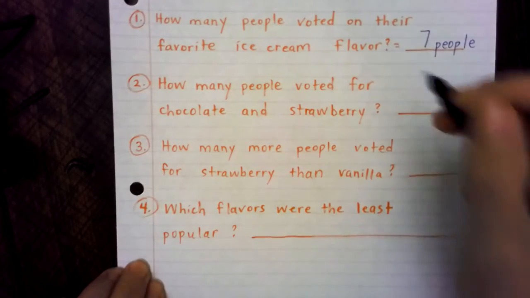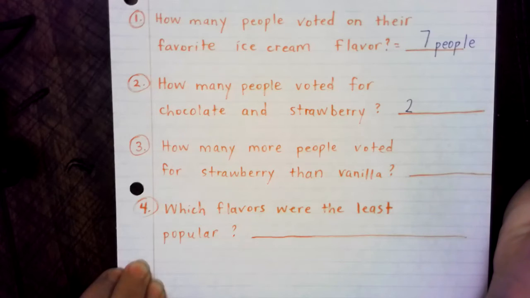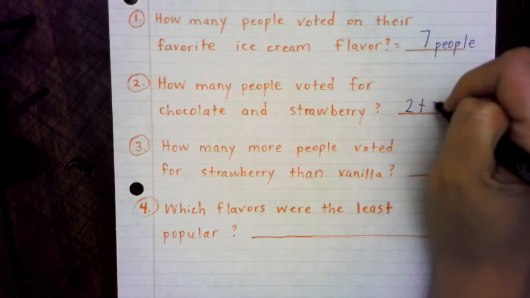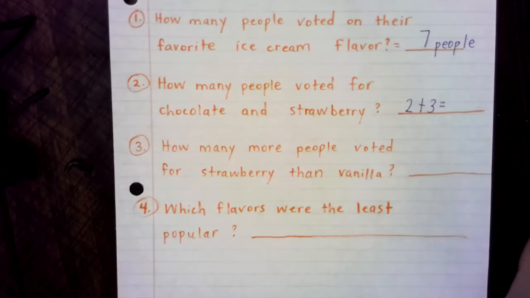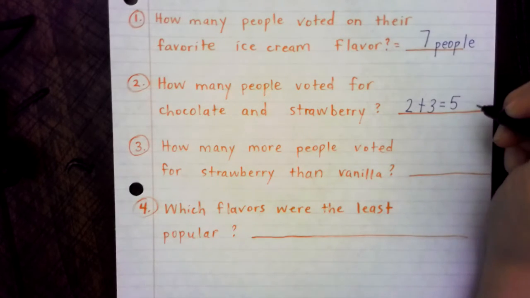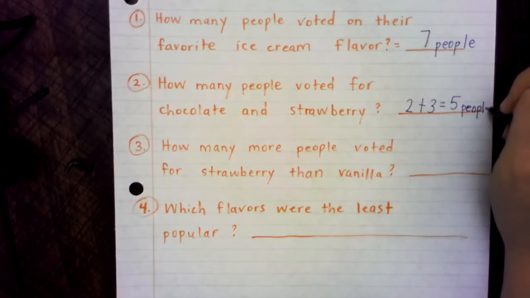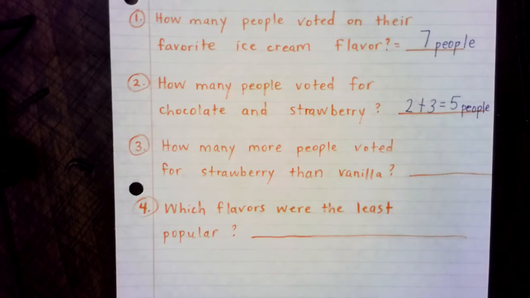Am I going to add or subtract? How many people voted? I'm combining that information, aren't I? So it would be 2 plus 3. And 2 plus 3 equals 5. So 5 people voted for either chocolate or strawberry.